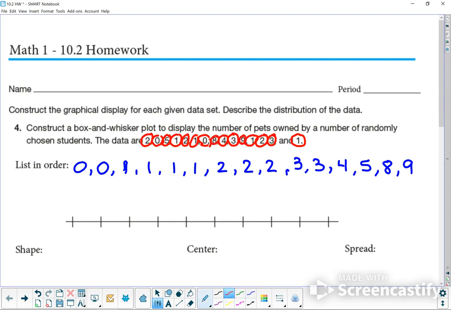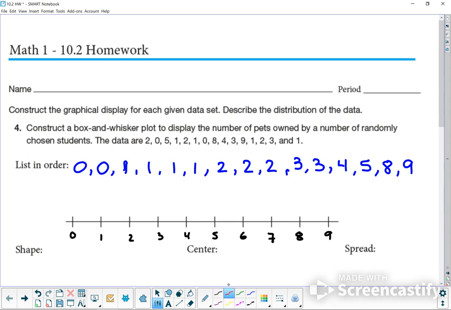Okay. So the first step we always want to do is put them in order, so that we can figure out the middle of them, the median, right? So let's label this from 0 all the way to 9: 1, 2, 3, 4, 5, 6, 7, 8, and 9.